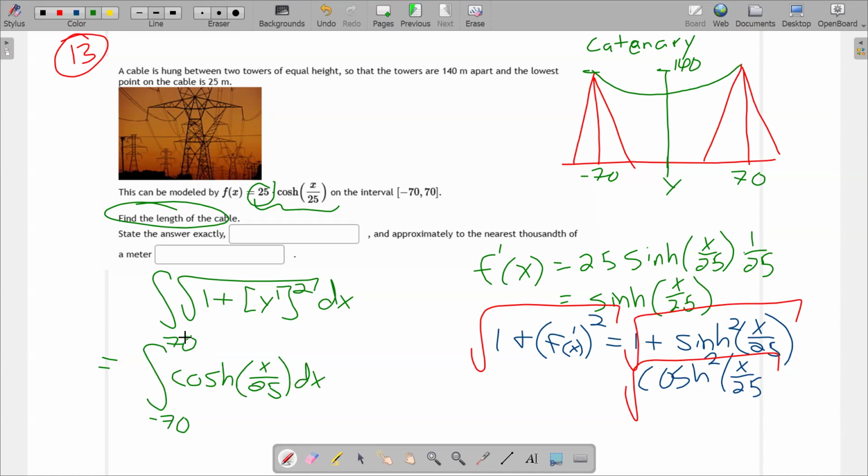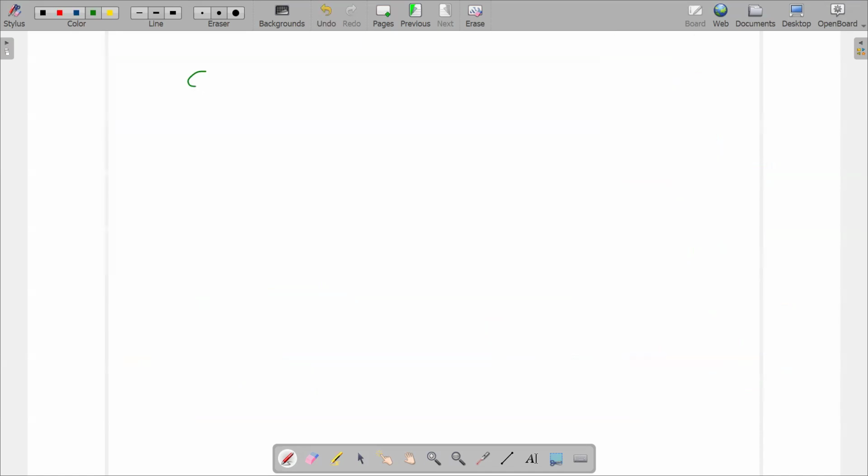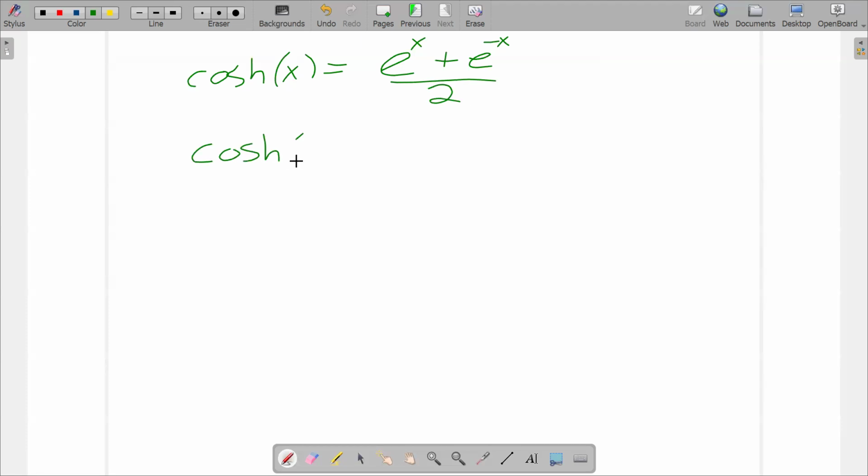Just a side note, remember that the hyperbolic cosine is equal to e to the x plus e to the negative x over 2. And if we plug in a negative x instead, that gives me e to the negative x plus e to the x over 2. Is that really different than the original function? They're the same thing. So it turns out it is even.